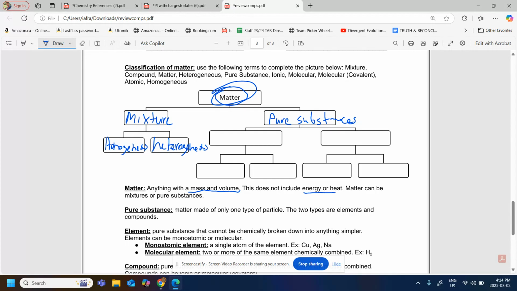Now, that's what you focused on in grade 9, mixtures. You also learned about pure substances. You learned that pure substances can be elements. You also learned that they could be compounds.